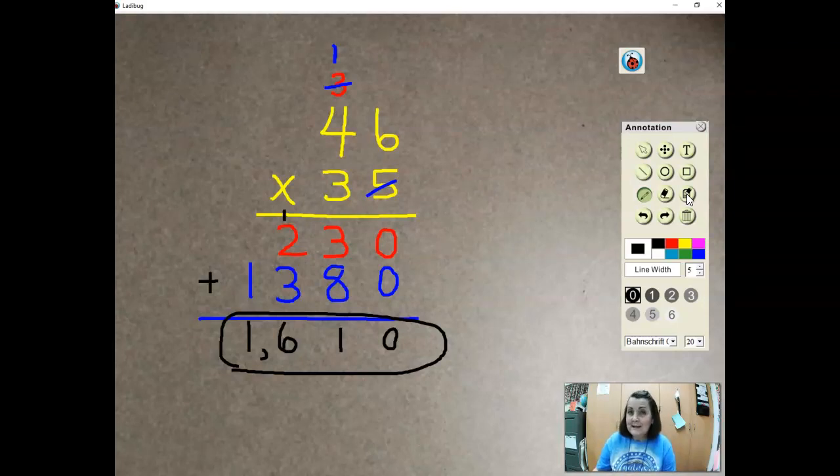All right, so check the next slide for your problems to practice. You can practice them on paper and then type in your answer, or you can practice on paper, take a picture of it and upload it, and I can see it that way. It's your choice, but find a way so that I can see your work, okay?